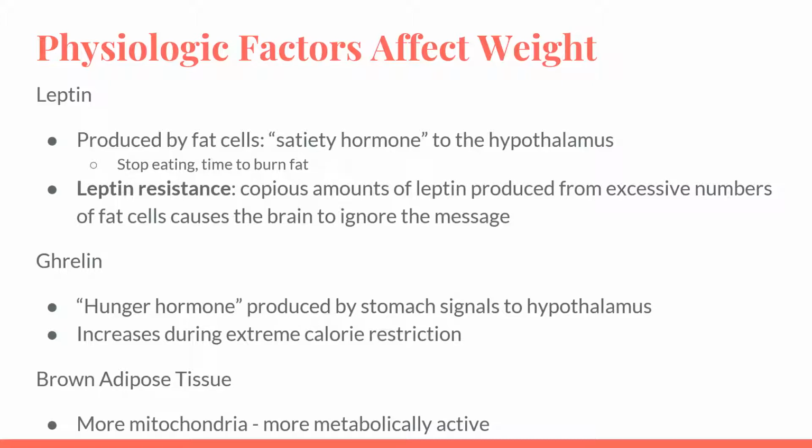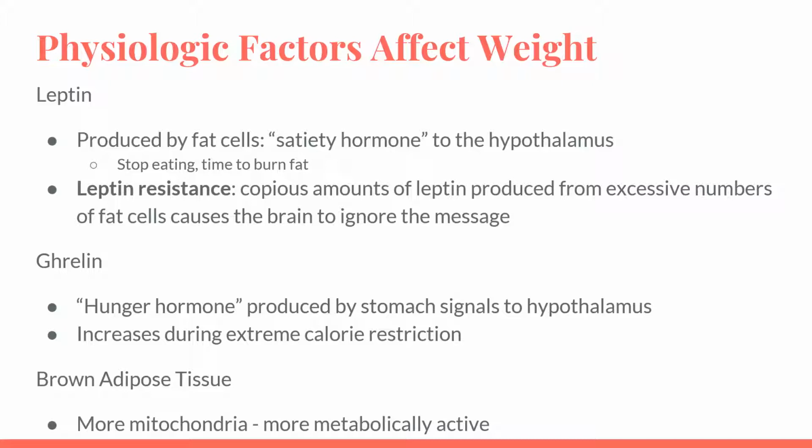Ghrelin, interestingly, when someone is trying to diet through extreme calorie restriction in order to lose weight, ghrelin production might actually increase. We see, anecdotally and in research studies, that extreme calorie restriction for weight loss is counterproductive.